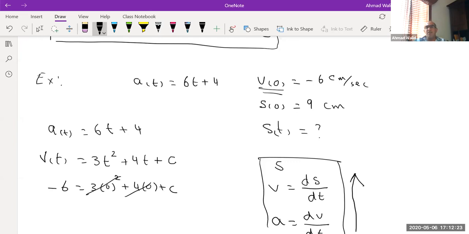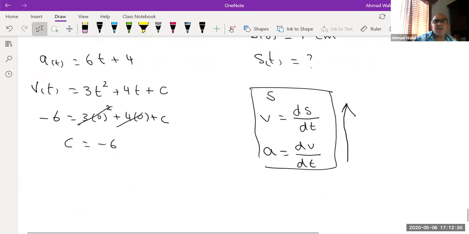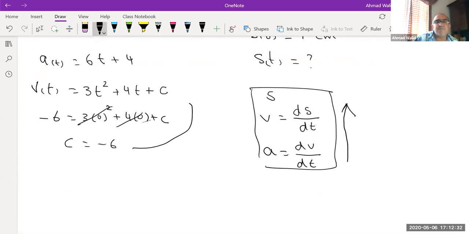This part becomes 0, this part becomes 0. It means c is equal to negative 6. If you plug in the value of c in your velocity function, then v of t equals 3t squared plus 4t minus 6. Agree?